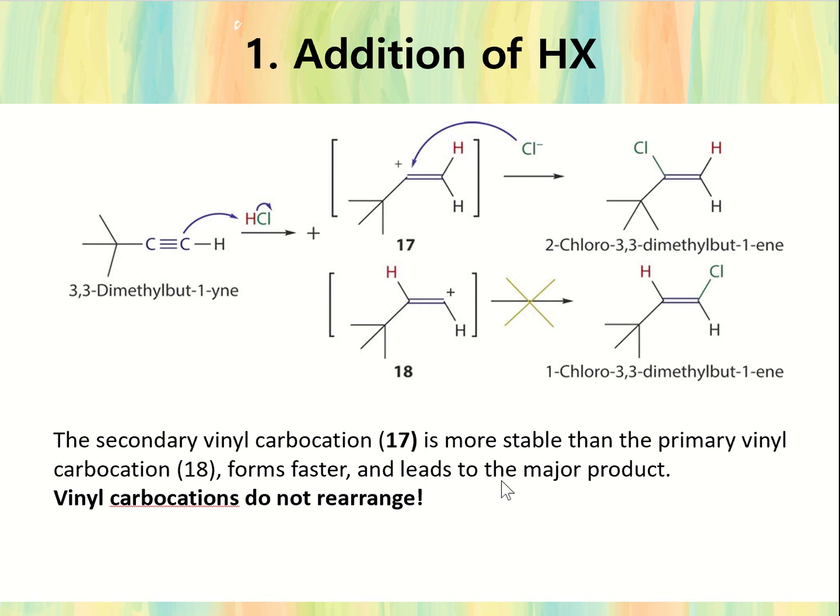A point to note here is that vinyl carbocations do not rearrange. So here we're comparing the primary versus the secondary vinyl carbocation, and again we're consistent that the secondary vinyl cation will form preferentially, and then you'll have attack of your halide to form the product seen here.